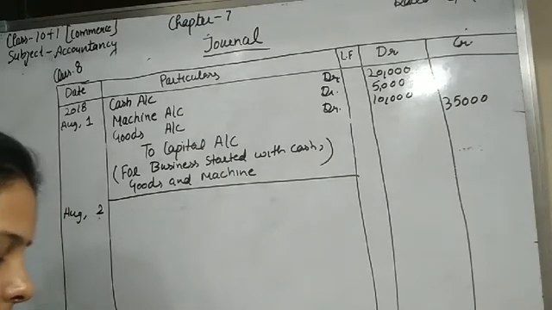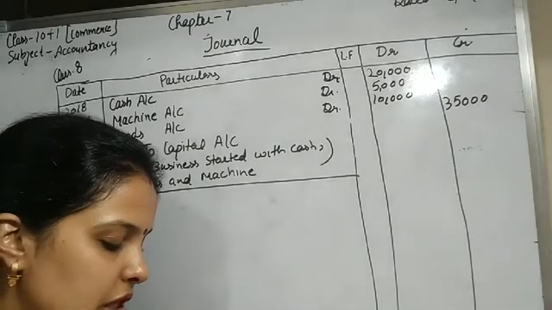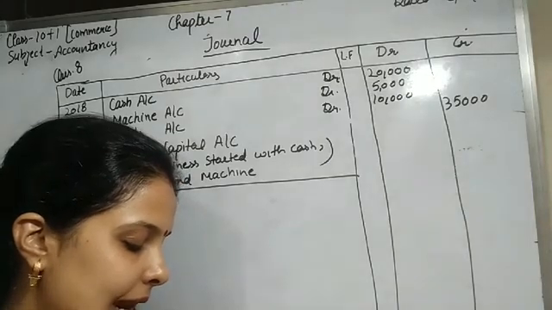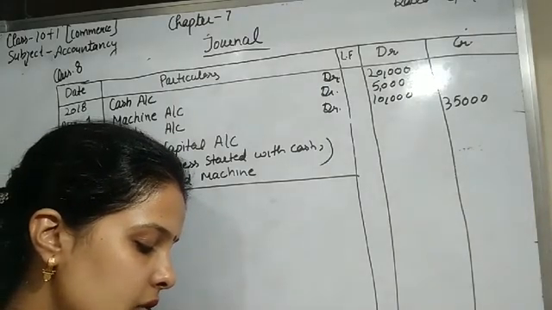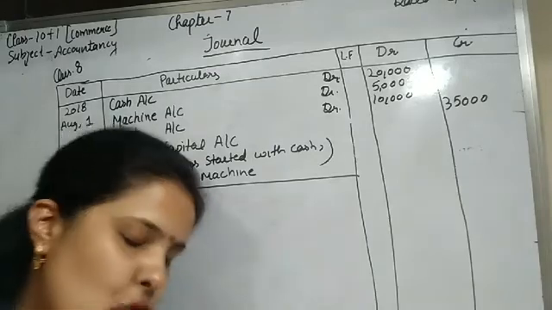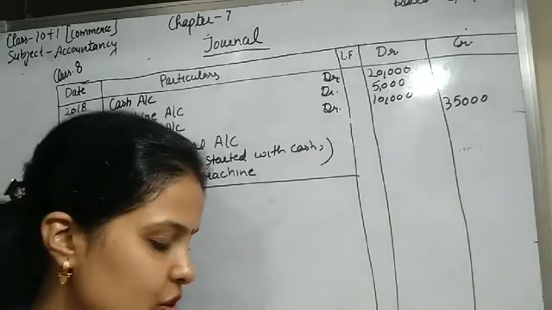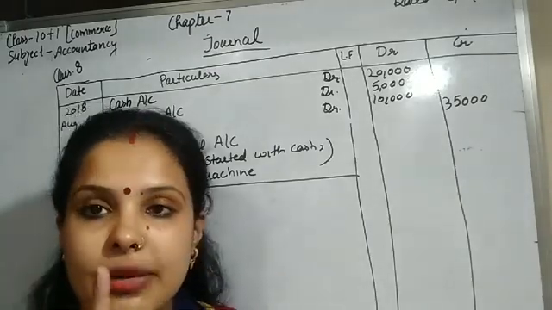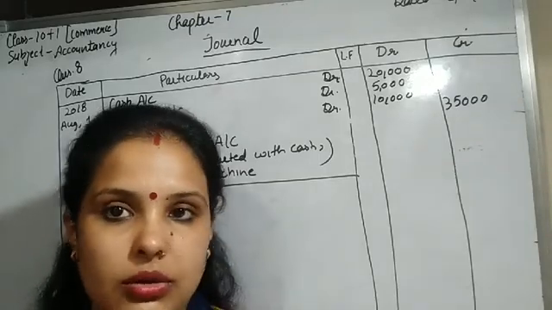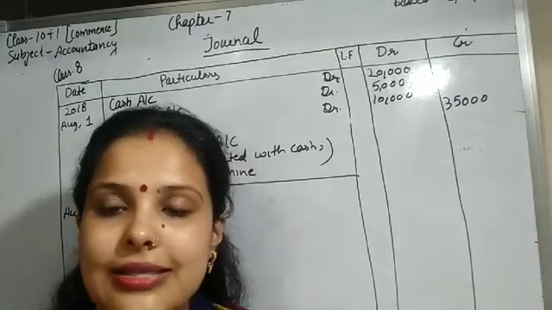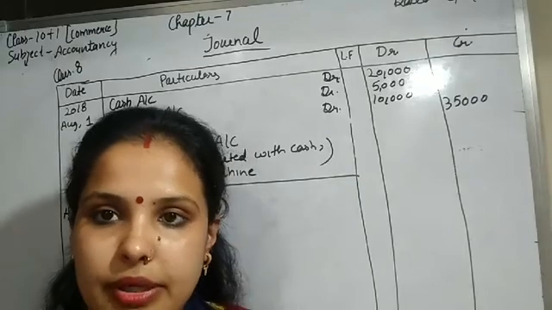So 3 transactions are related to goods purchased. First is goods purchased for cash, second is on credit from Hari, and third is also on credit but from Mohan. Okay, students, so these transactions are related to one particular account, purchase account, because in all these 3 transactions, purchase account is debited.